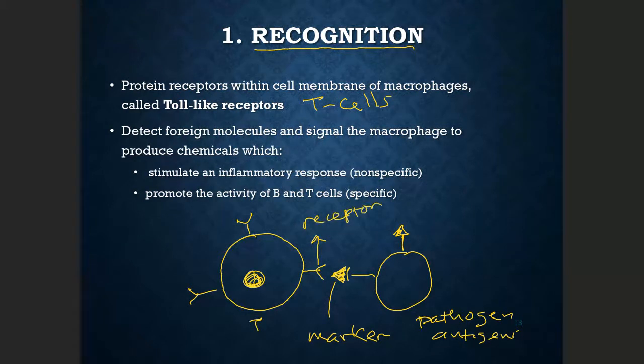So the T cell has a receptor that will recognize the marker. When it is recognized, then we know there is a problem. This is the first step, which is recognition. And then we go to the second step.